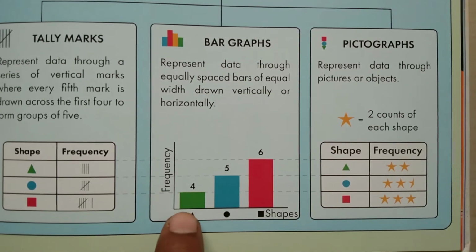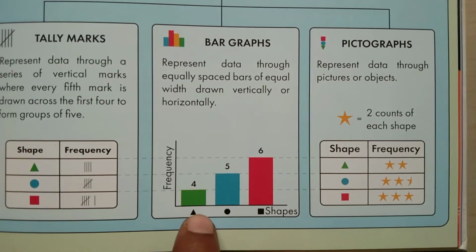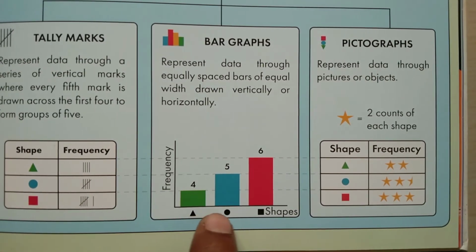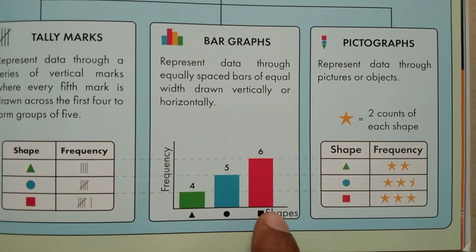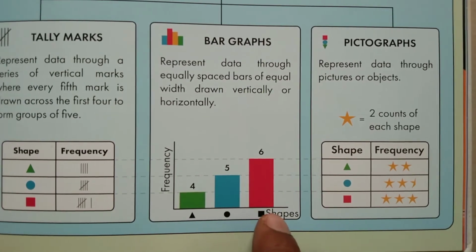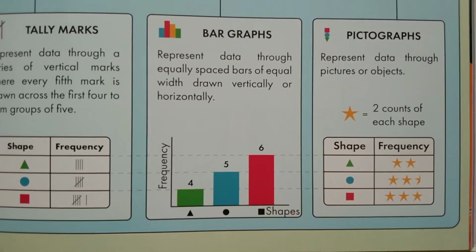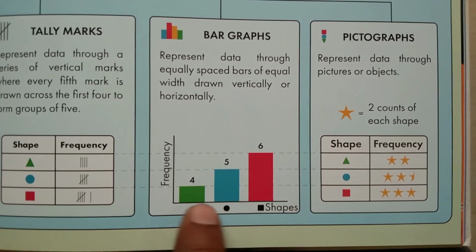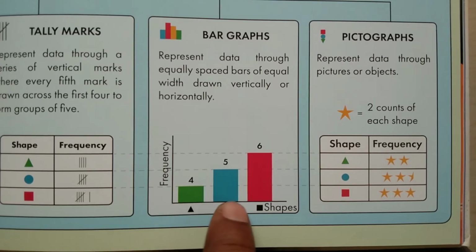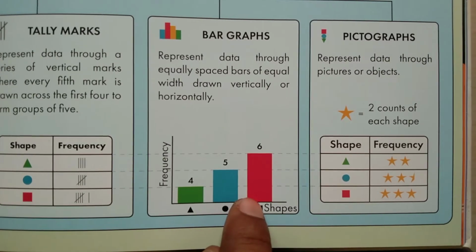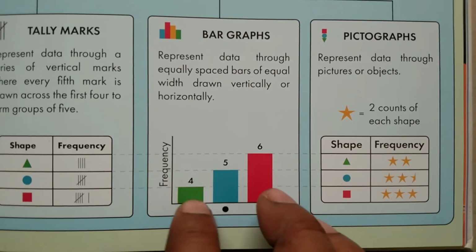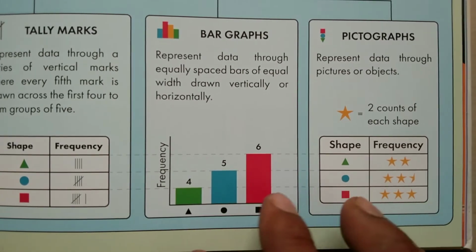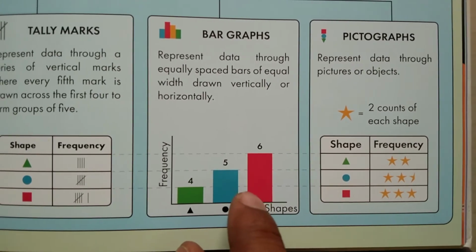We have 4 triangles, 5 circles and 6 squares, and we are representing the data through equally spaced bars. The space between these two bars must be equal, and we can draw horizontally as well as vertically. So this is our bar graph.